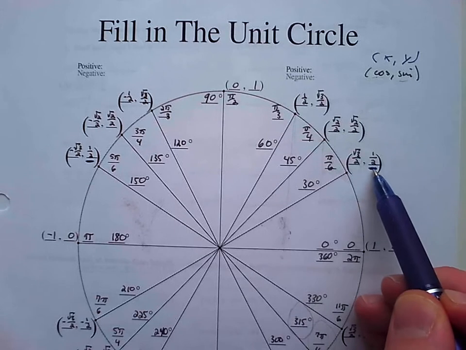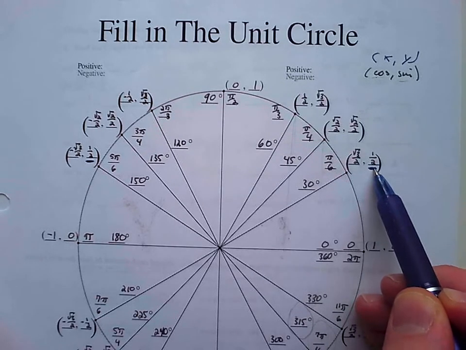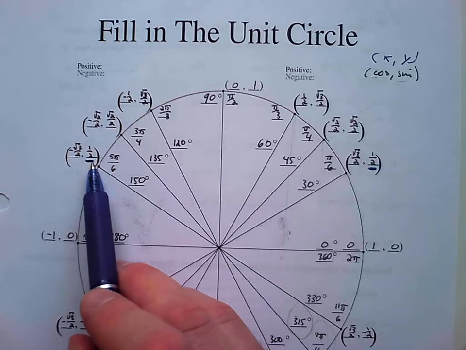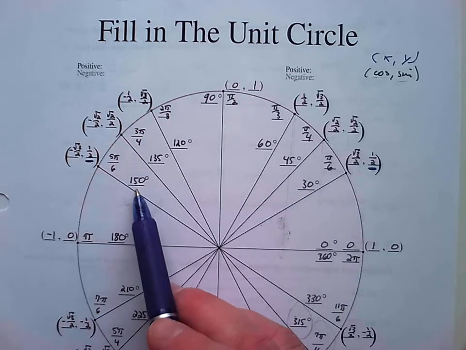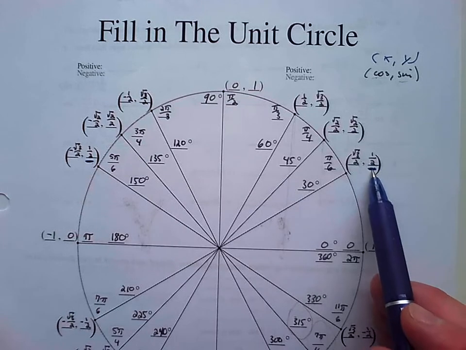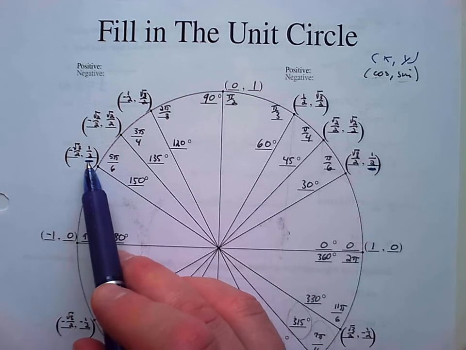So let's take a look at it. Here we have that the y value is equal to 1/2. And over here we also have the y value being equal to 1/2. So therefore, for both the angle of 30 degrees and the angle of 150 degrees, the sine of that angle is equal to 1/2.